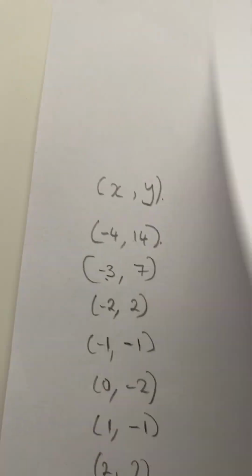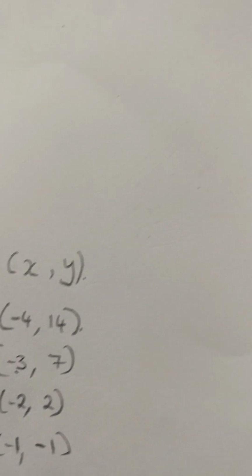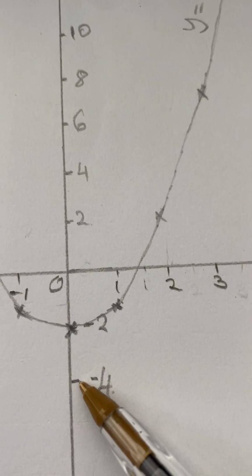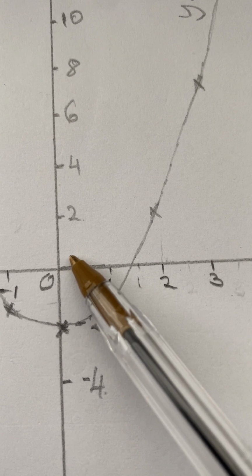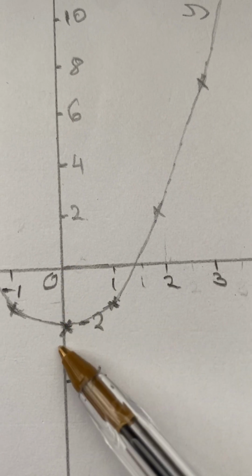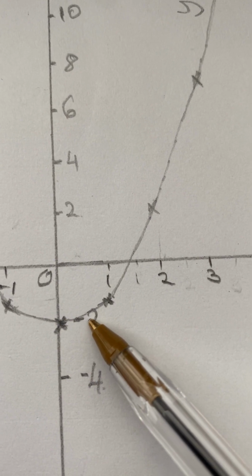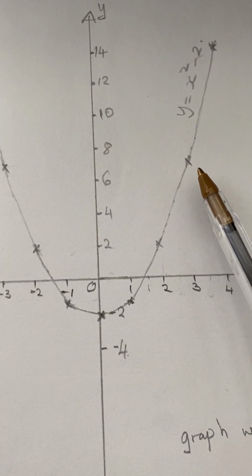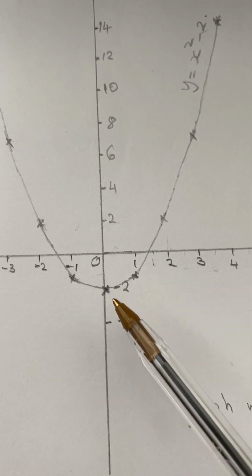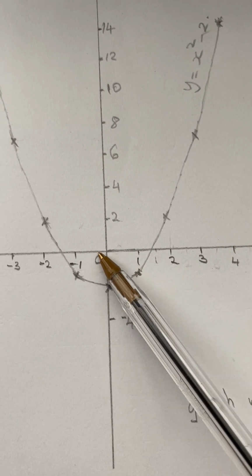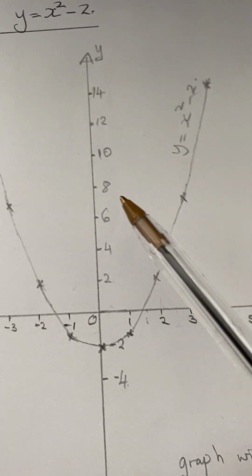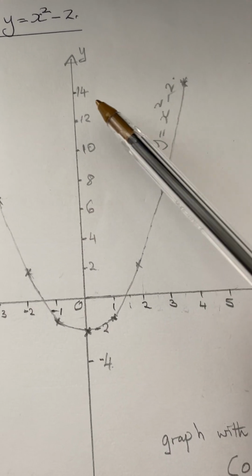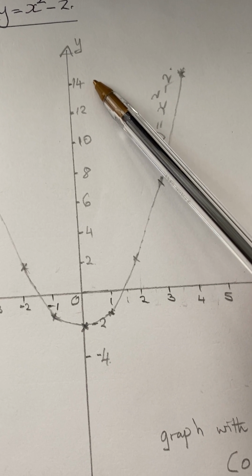So because of that, on my y-axis I started from minus 4, with equal intervals of 2 units, again by eye judgment, not to scale. So minus 4, minus 2, 0, and then 2, 4, 6, 8, 10, 12, 14.